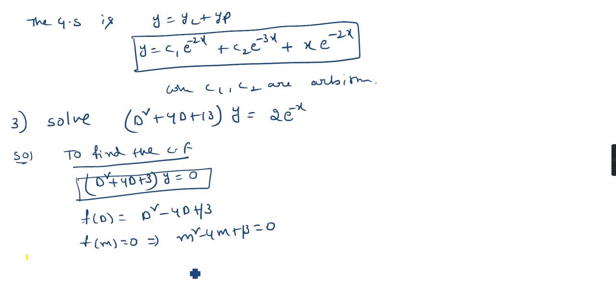So now we have to find m by using the formula, minus b plus or minus root of b square minus 4ac, by 2a.